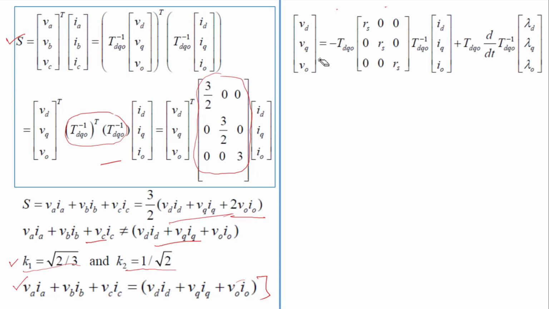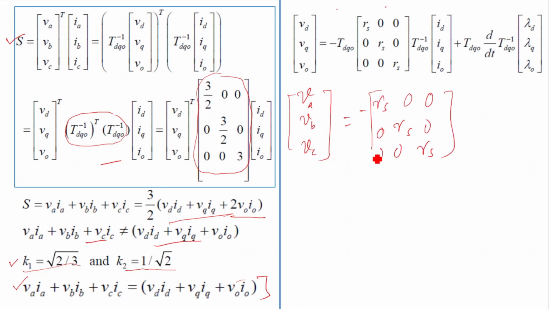Previously it was [VA VB VC], which is equal to RS on the diagonal, into [IA IB IC], plus d by dt of [lambda A, lambda B, lambda C]. This is your expression.